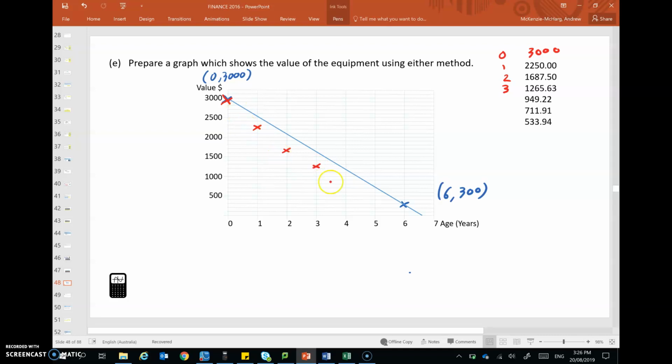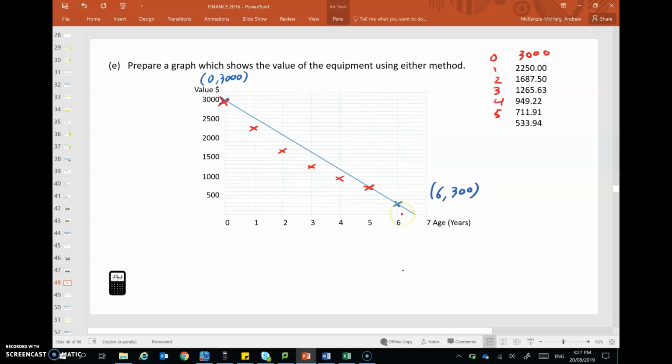You can see it'll start to curl back up towards the straight line method and catch up with it shortly. 950 is right there. 711. So here we are at 600, 7. It's pretty close now. What's that, 700? Oh, I'll just put it pretty much on the line. They're pretty much intersecting at that point. They're very close to anyway. And then by the last one, 533, it's actually up above it, about there.